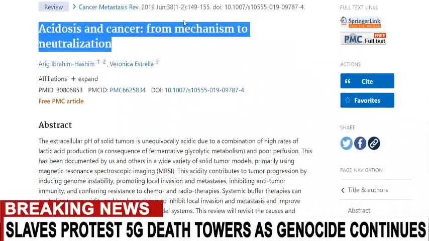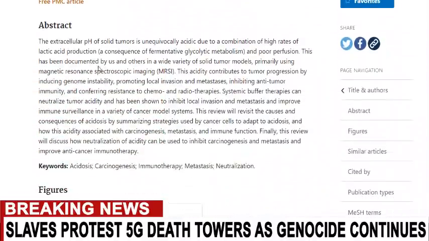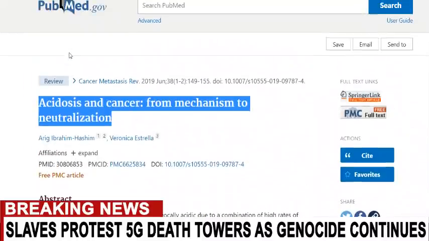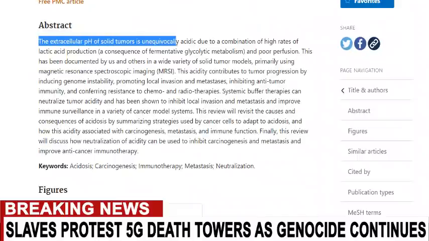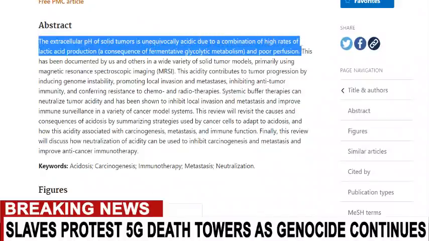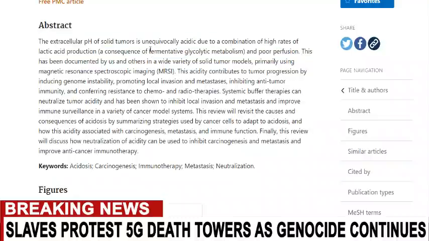Acidosis in cancer from mechanism to neutralization. Again, this is all PubMed, National Institute of Health. Okay, but there's so much there, and you've got to connect the dots. The extracellular pH of solid tumors is unequivocally acidic due to a combination of high rates of lactic acid production, a consequence of glycolysis. Who remembers that?